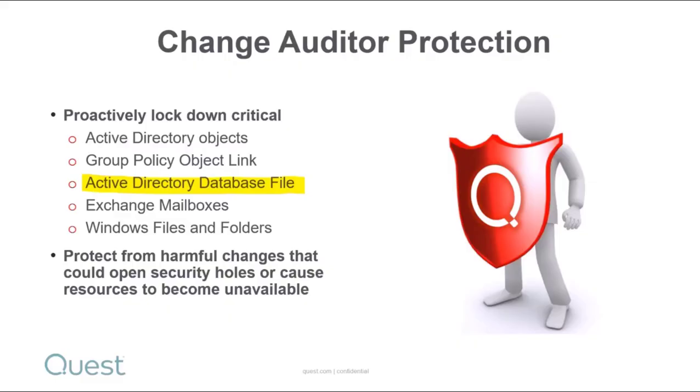We don't want people linking things to the root of your Active Directory domain. We have the ability to lock all these features down using our object protection. Then we even go as far as protecting mailboxes and Windows files and folders as well. But we're going to focus on locking down the Active Directory database file itself.